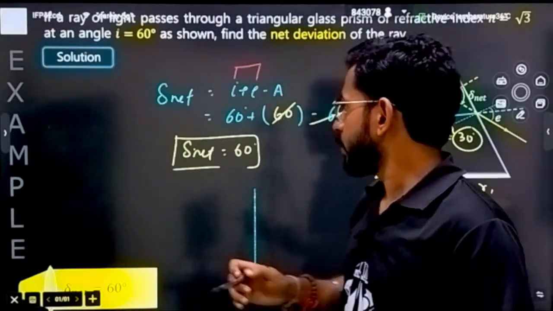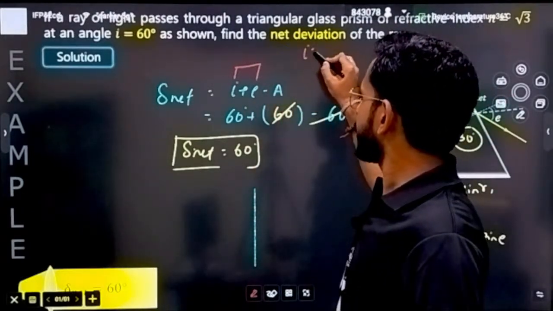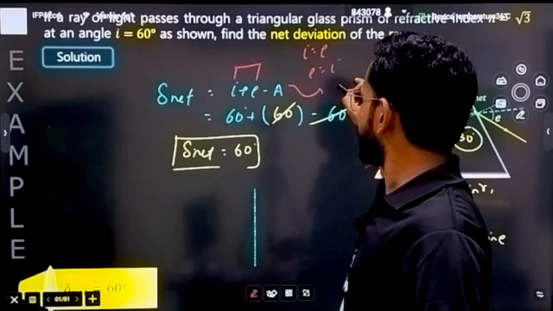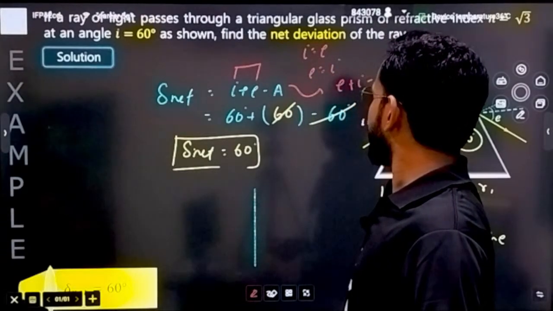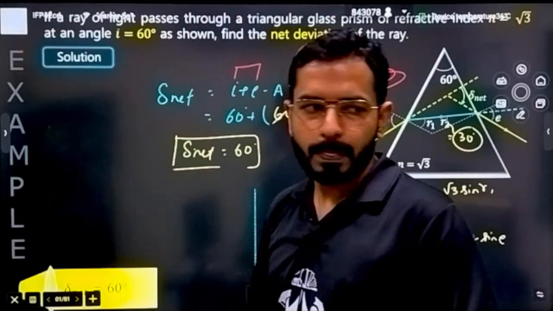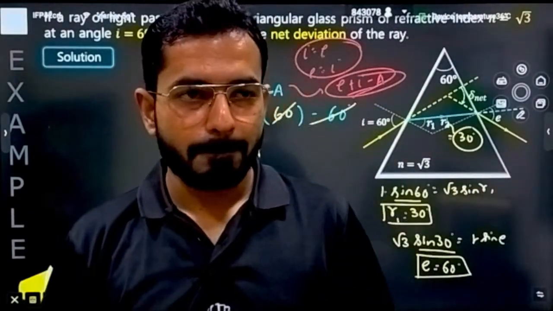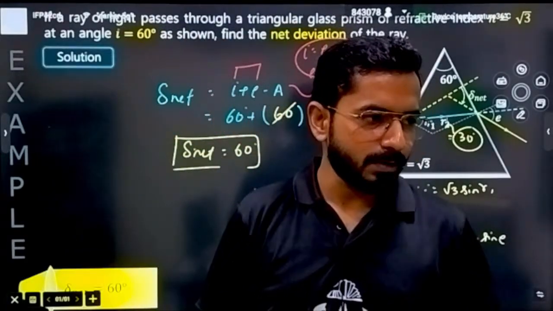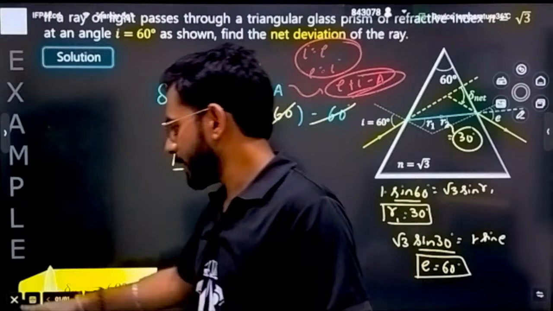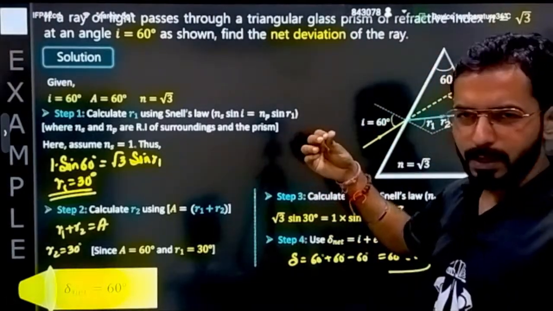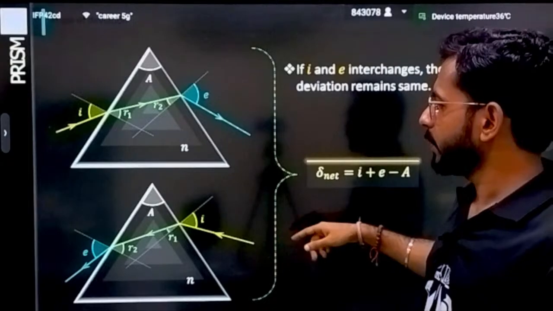No. Suppose I write E in place of I and I in place of E. Then again you will write E plus I minus A. So can you say the net value is going to be the same? Good thing, right? Why I am telling you this, I will tell you after some time. Just wait for a moment. We will understand that also. Very interesting case. When we exchange the values, actually it doesn't matter.